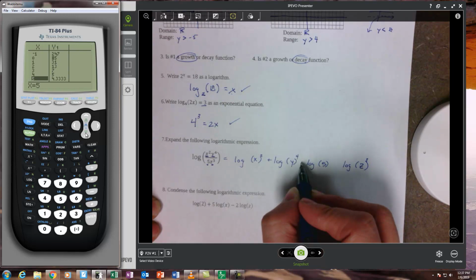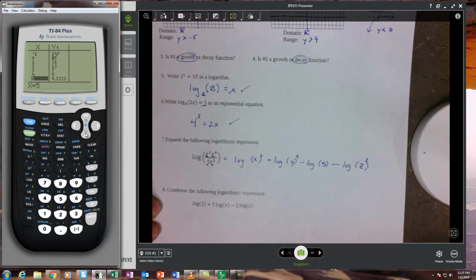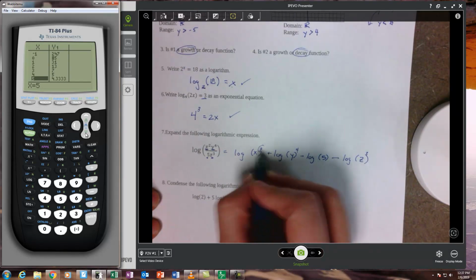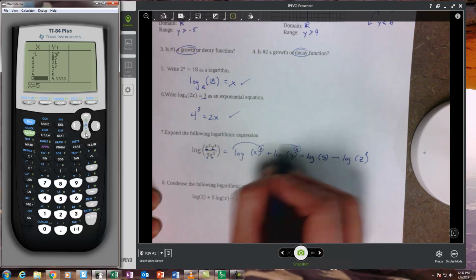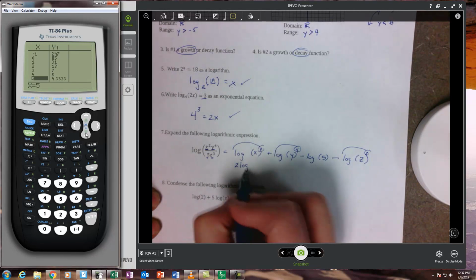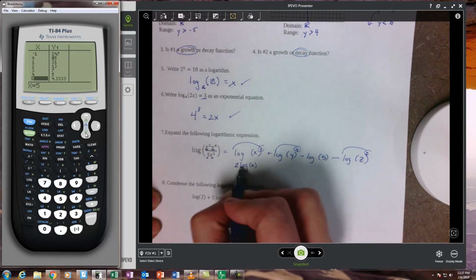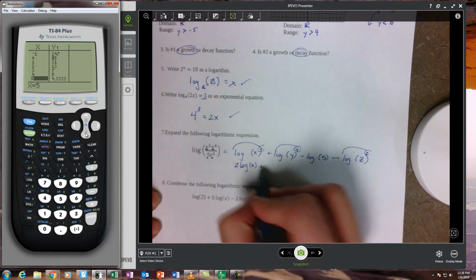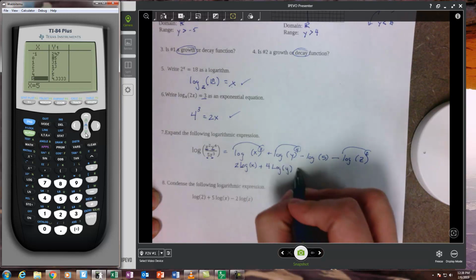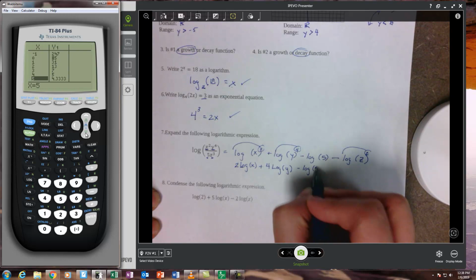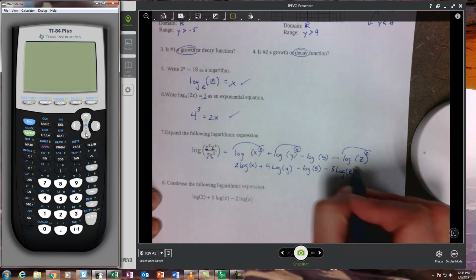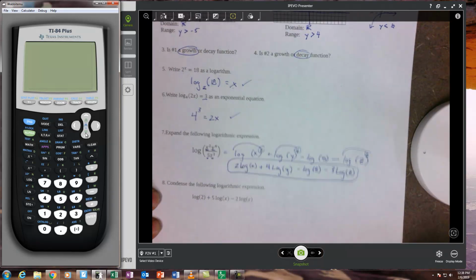But anything from the denominator, like the 5 and the z cubed, are subtraction because they came from the denominator. And so now when I go one more step, the rule is that the exponent can come out and sit in front of its logarithm. So this becomes 2 log of x, plus 4 log of y, minus log of 5, minus 3 log of z. That's a fully expanded logarithm.